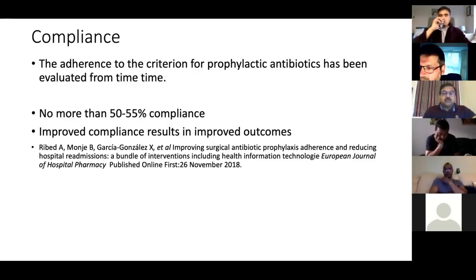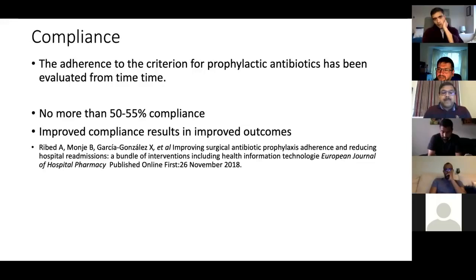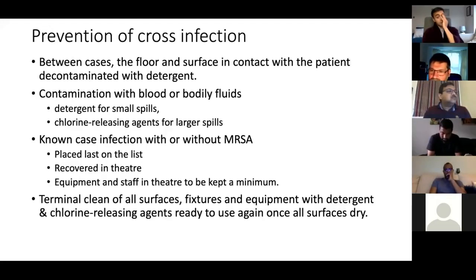And when they did an audit and proactively told the people involved in direct patient care that they were auditing the compliance rate, the results improved. So one of the important bits is that the use of prophylactic antibiotic, if done correctly, has a good impact on the results.